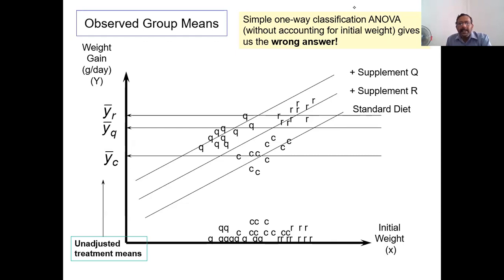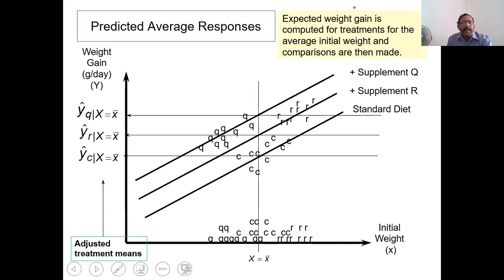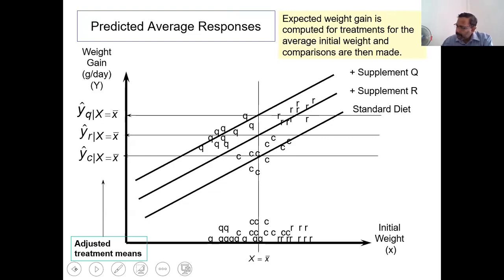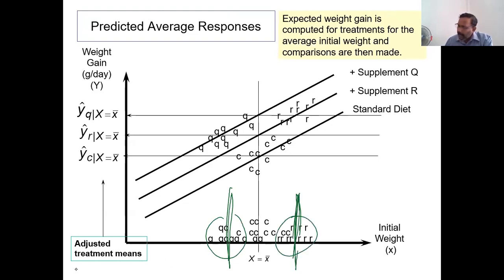So how can we adjust this? How can we correct this? So these are uncorrected means. Now we can correct it, as I said earlier. The diet Q had the line somewhere there. Diet R, supplement R, had the line there.